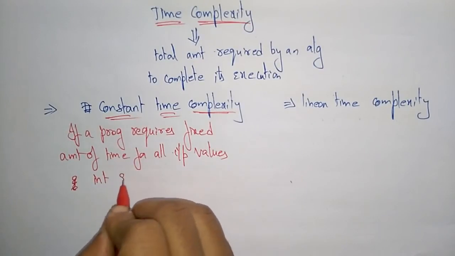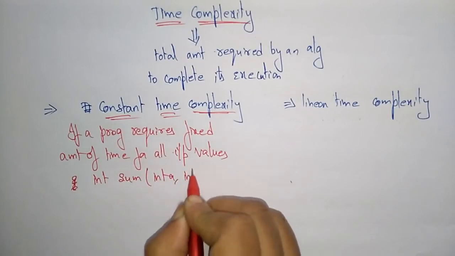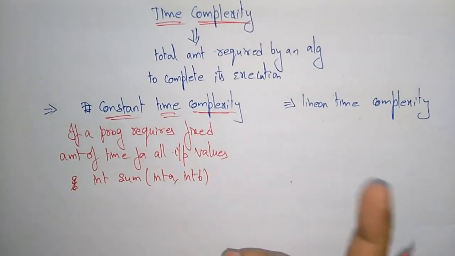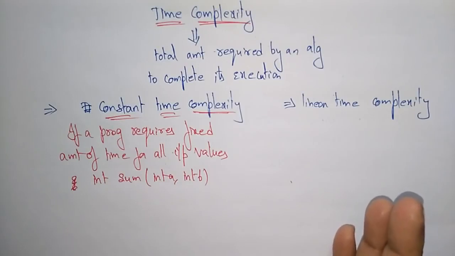For example, just like for space complexity, the example I am writing here is sum of int a comma int b. There I had taken only one variable, integer a, that I had multiplied, written a into a. There I'm using only one variable, so a fixed amount of space will be allocated to that variable.